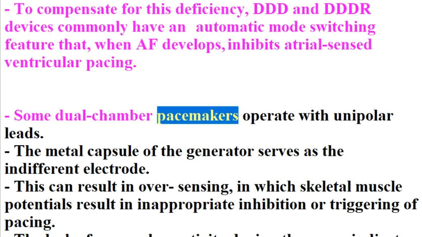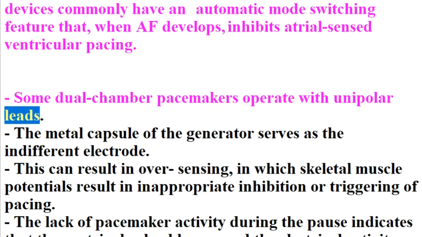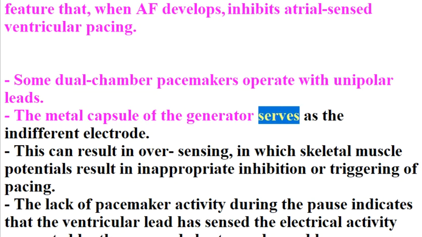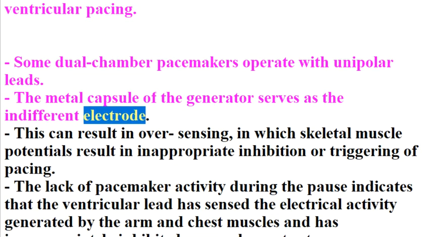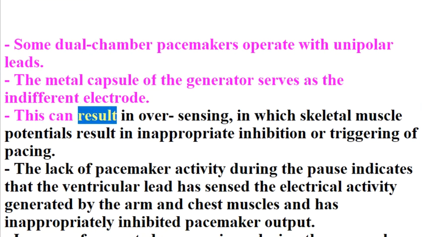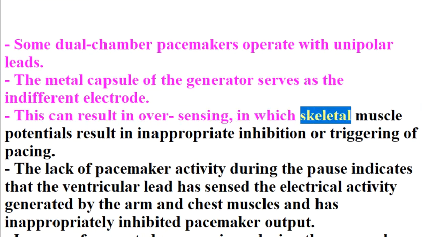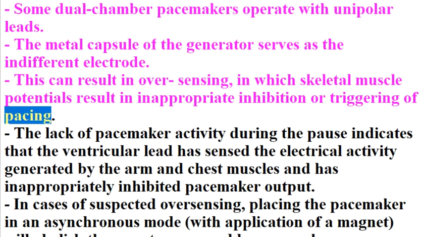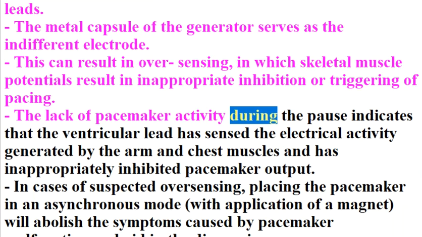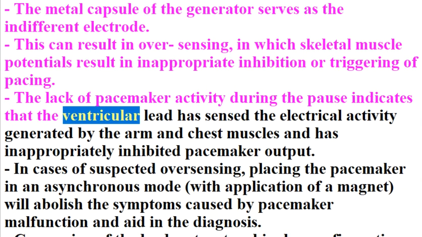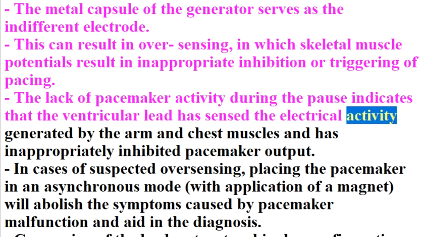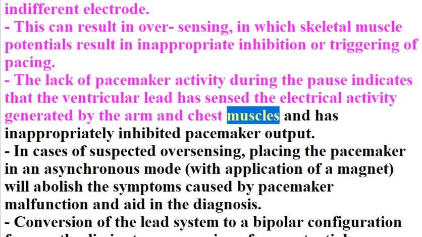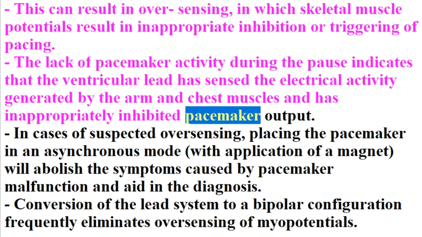Some dual-chamber pacemakers operate with unipolar leads. The metal capsule of the generator serves as the indifferent electrode. This can result in oversensing, in which skeletal muscle potentials result in inappropriate inhibition or triggering of pacing. The lack of pacemaker activity during the pause indicates that the ventricular lead has sensed the electrical activity generated by the arm and chest muscles and has inappropriately inhibited pacemaker output.